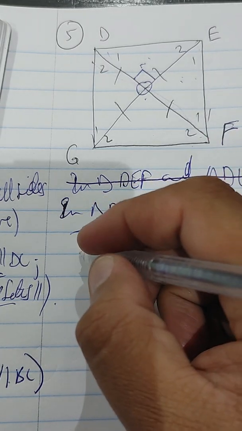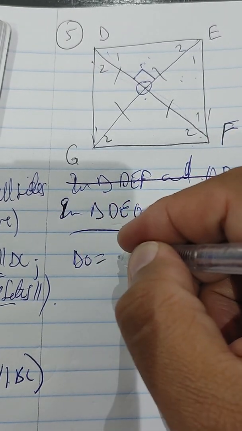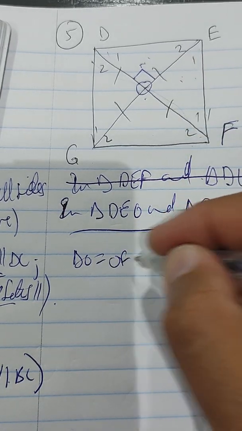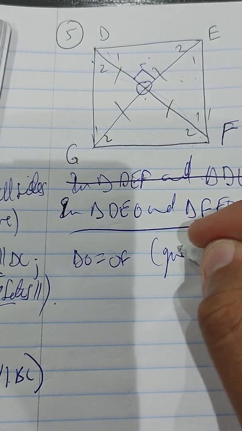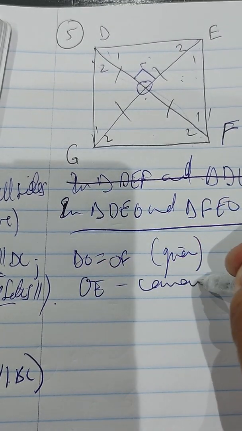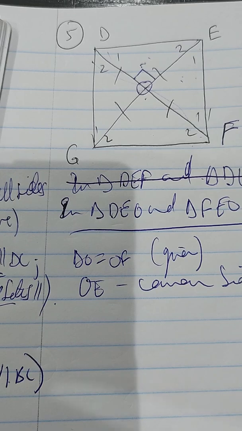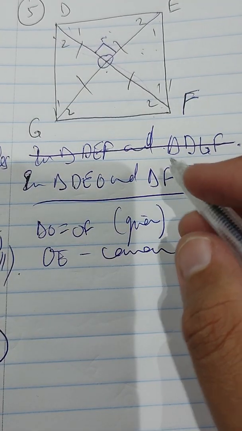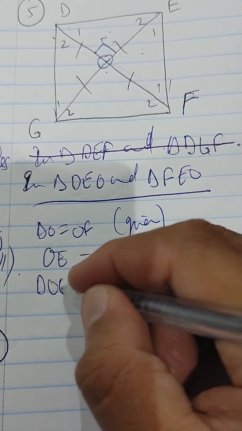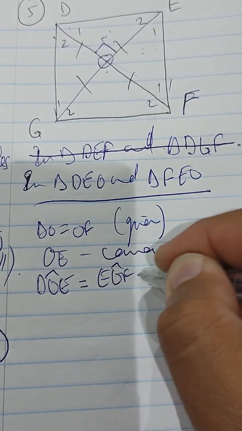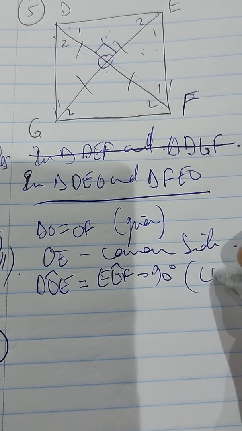Okay? So you got that DO is equal to OF. Why? It's given. Then we got the OE, which is a common side. Then we can say that DOE is equal to EOF, is equal to 90. Why?